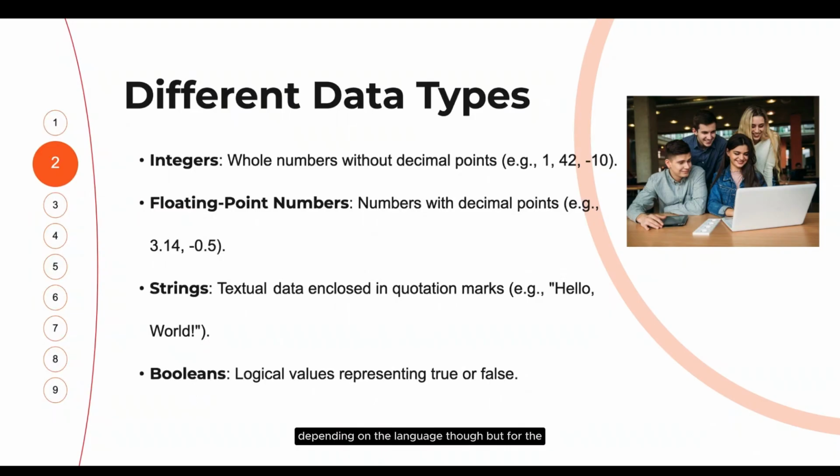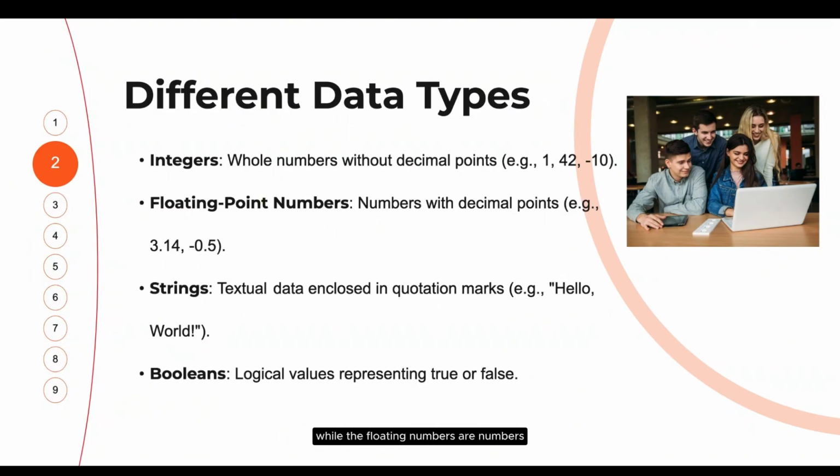But for the general data types, we have the integers. Integers represent whole numbers without decimal points, like 1, 2, 3. They can be positive or negative.